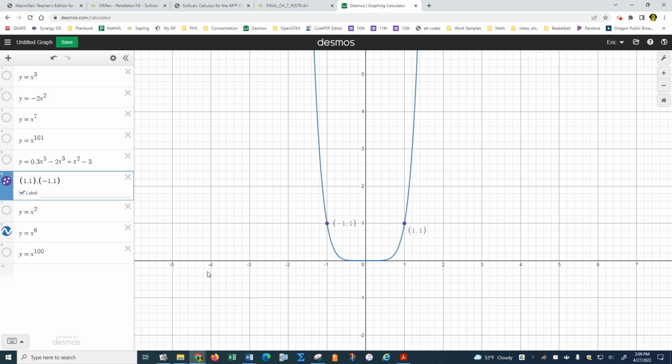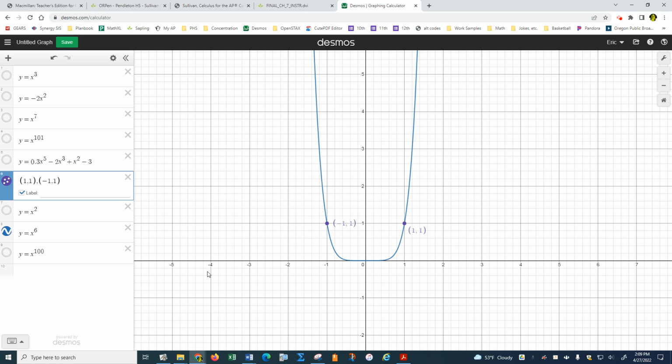You're onto something here. If I'm going to the right forever, what's y doing? It's going up forever, isn't it? So the right, it's positive infinity. Good, so the right end behavior is up, meaning as we go infinitely far to the right, the function is going to continue to go up forever.